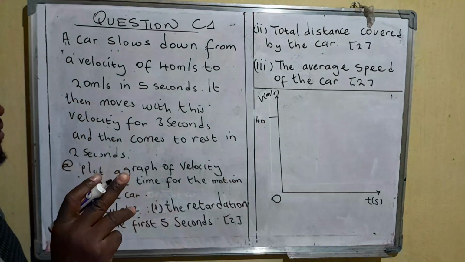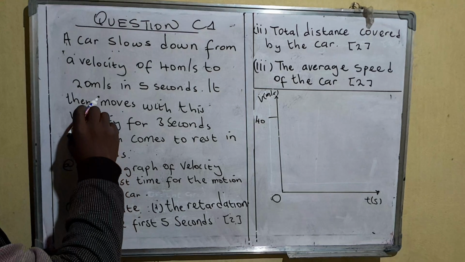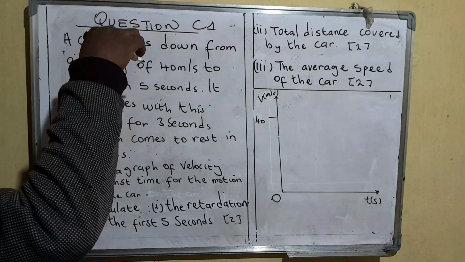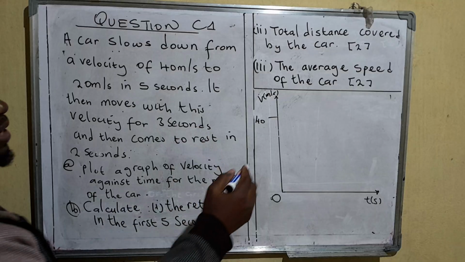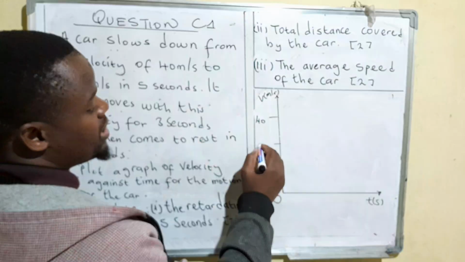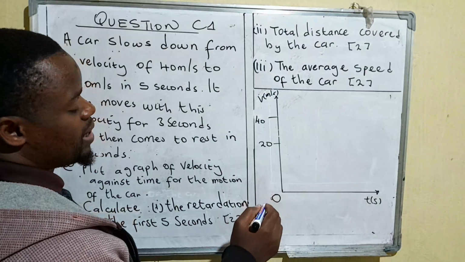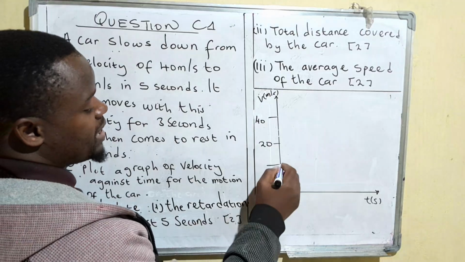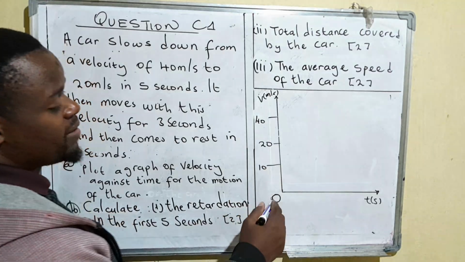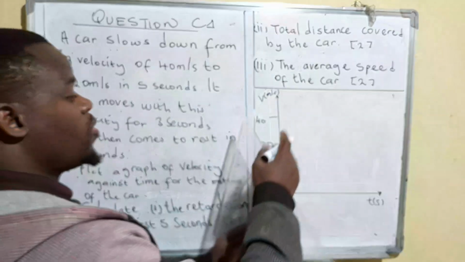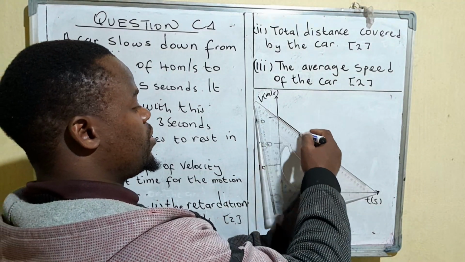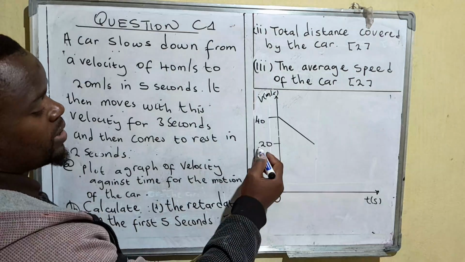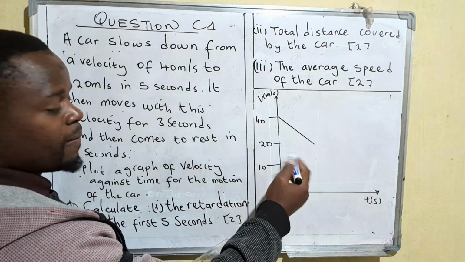Then what they're saying is the car slows down from 40 to 20. So we can indicate there must be a 20 here, then a 10 here, and then a 0. So it slows down. Let me draw this. It slows down to 20, so this one correlates with a 20.